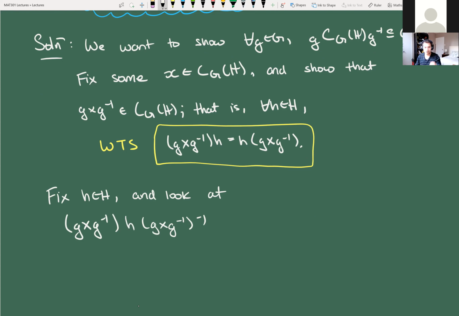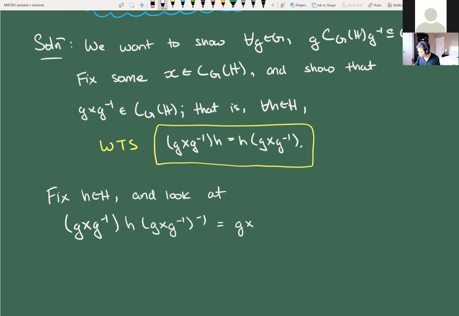Now, the reason that I want to do that is precisely because if I write this out, I haven't used the normality of H anywhere. That's one of our conditions. We've been given that H is normal, and so far it's not clear where that's going to come up, but I see an h here, and then I see a g and a g inverse around it. I'm like, ooh, that's good. I can probably do something with that.